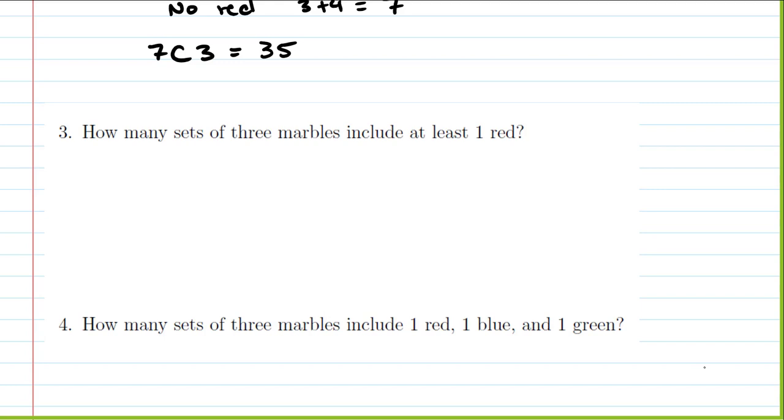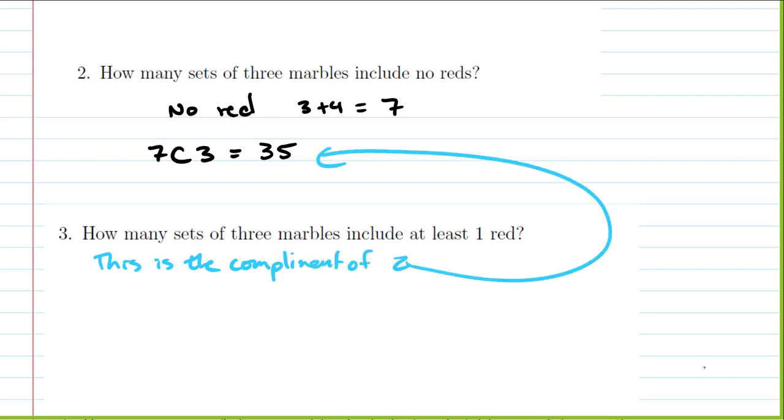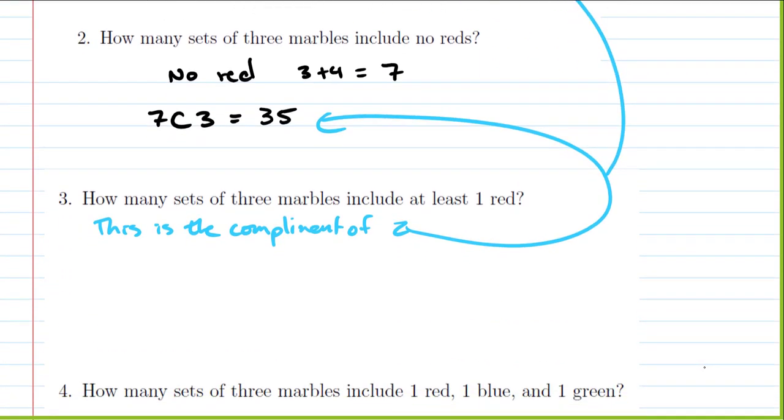Well, that is the complement of the previous example. So this is the complement. And we know that the total is 220. So it's going to be 220 minus 35 gives us 185.